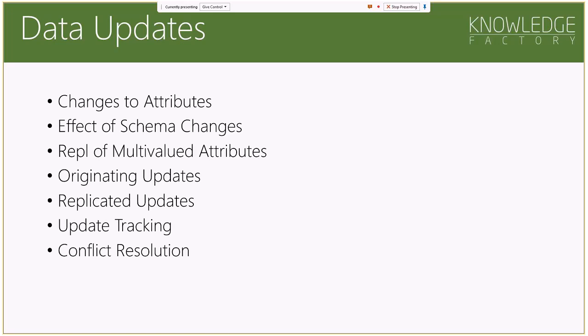Originating move. A move request is essentially a special modify request that does the following series of operations. 1. Sets the isDeleted attribute to true, which makes the object marked as a tombstone. 2. Changes the relative DN of the object to a value that cannot be set by an LDAP application. 3.